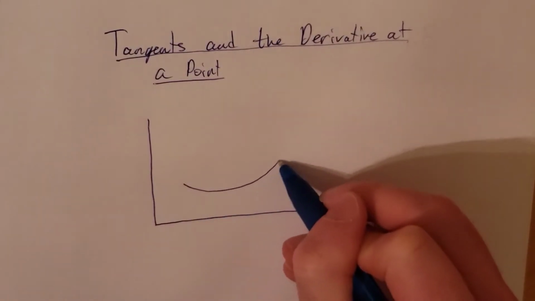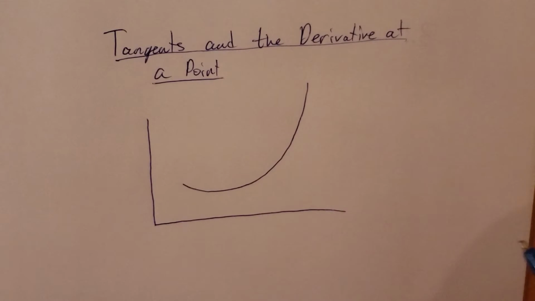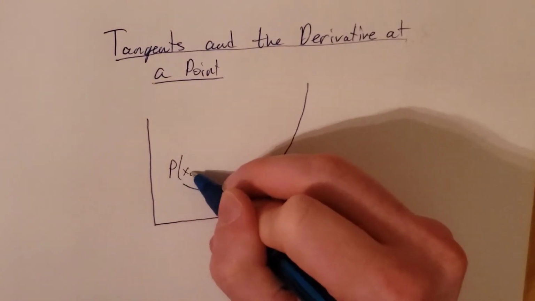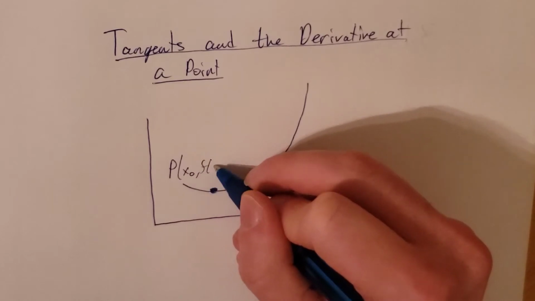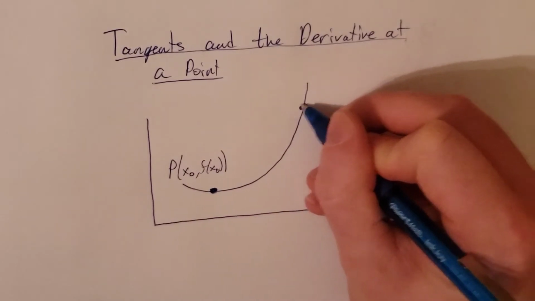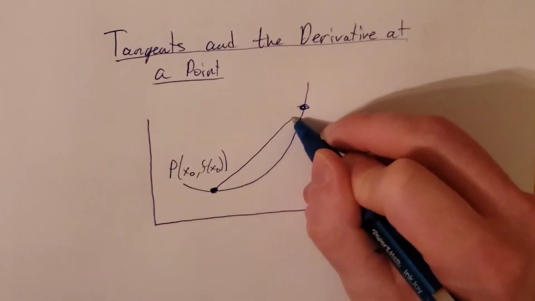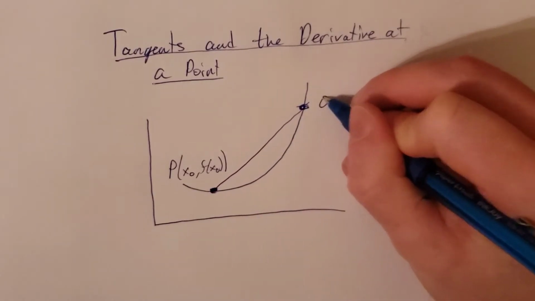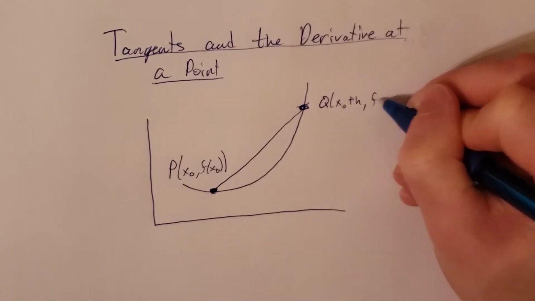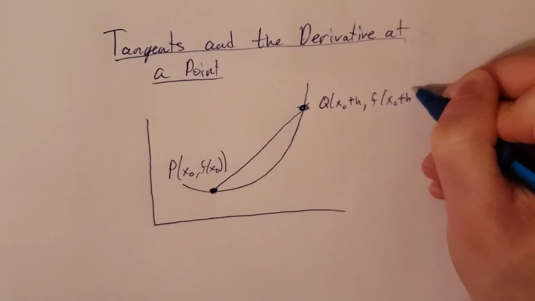So quickly we'll draw a picture to remind us what's going on. We have some point P here, which is x naught comma f of x naught. And then we have some point Q up here. So we have this secant line, and that point Q is x naught plus h comma f of x naught plus h.